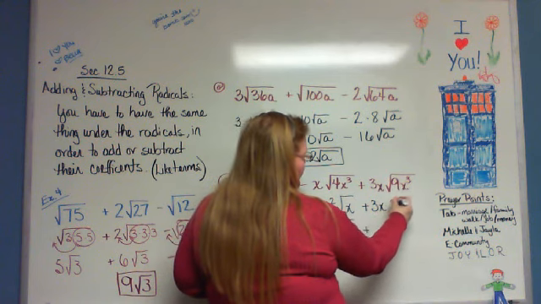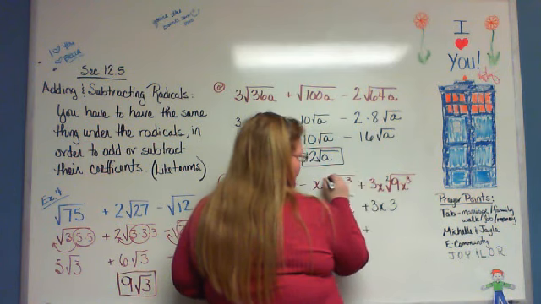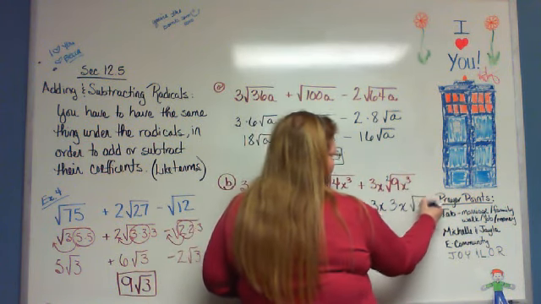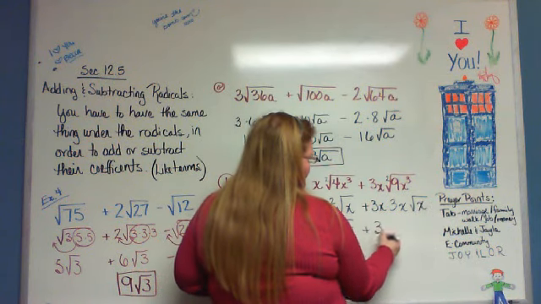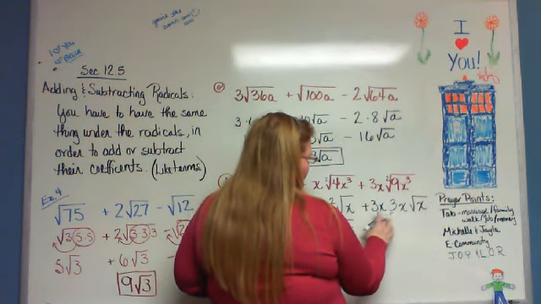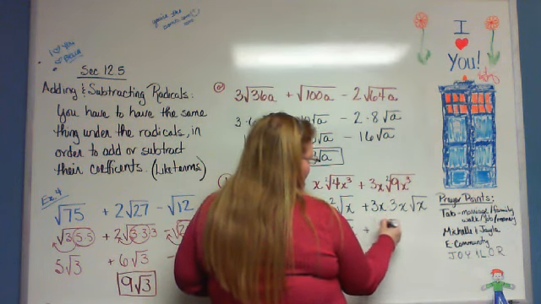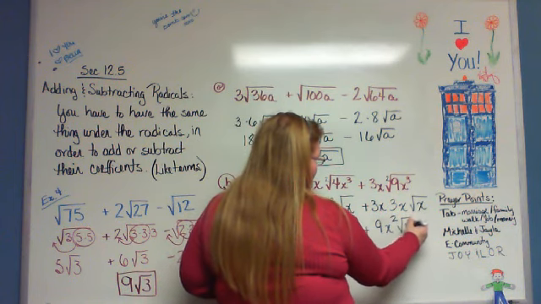That's going to give me a 3, plus this 2 goes into there one time with 1 left over. So that gives me 3 squared, which we know is 9, so I'm going to go ahead and write 9 x squared square roots of x.